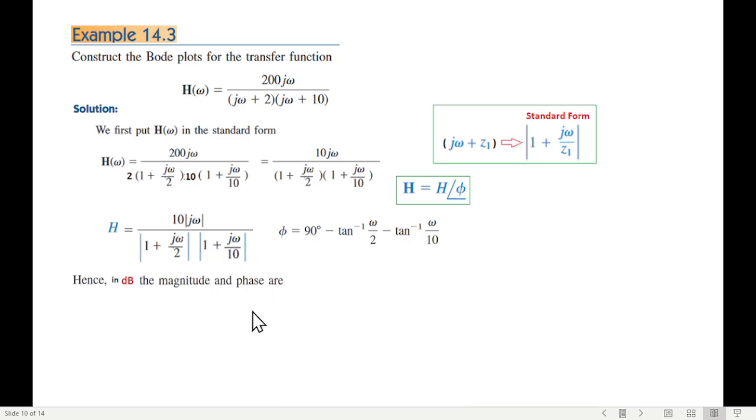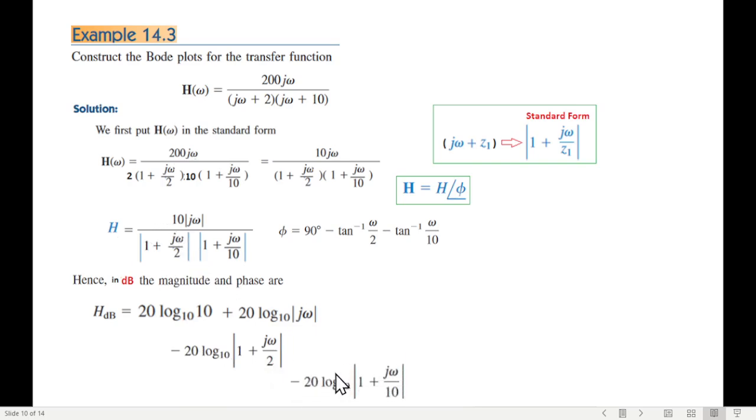Okay, let's now plot in terms of dB, the values. H in dB will be 20 log of the constant, plus 20 log of j omega, and then when we come to the denominator it will be negative, so negative 20 log of the first value and negative 20 log of the second value.